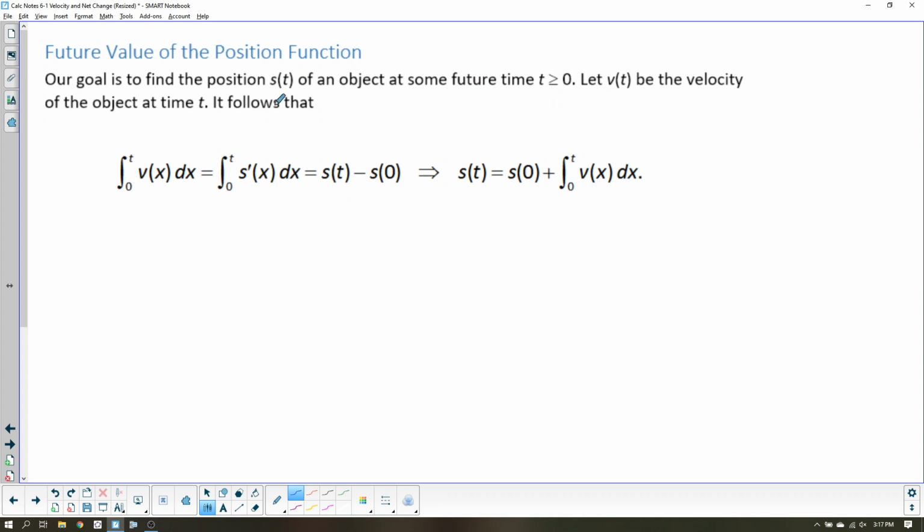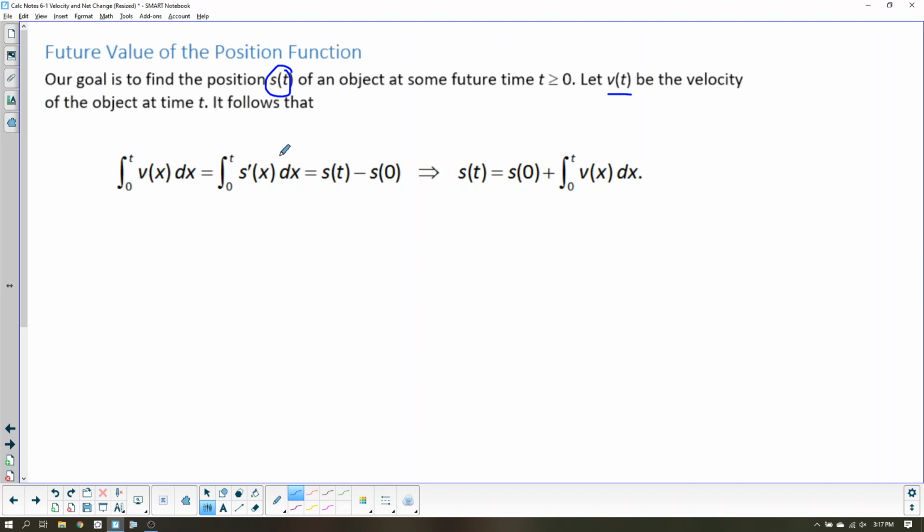Okay, so our goal right now then is we want to come up with a formula for the position of an object. Suppose they gave you velocity, like they did in the previous problems, and we want to generate a formula, the future value of position. So if we start, we can integrate velocity over any interval we want. So I'm going to integrate it over 0 to t.